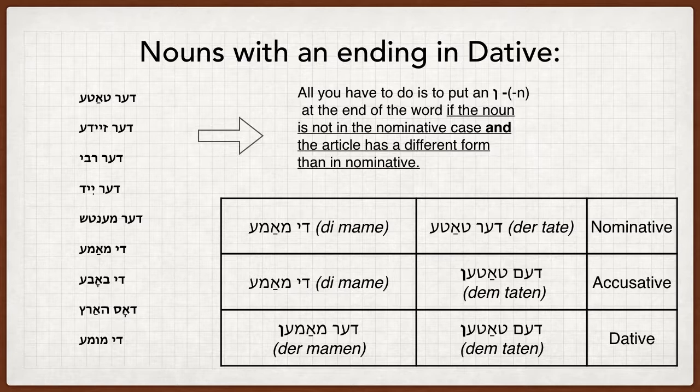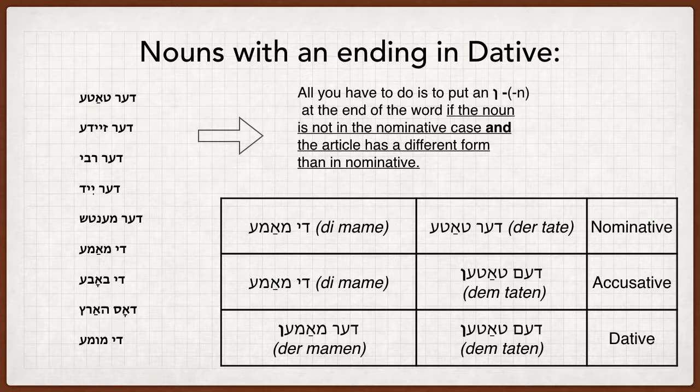It is the same as it was in nominative. Therefore, we do not put any ending to this word. But in dative, it is going to be der Mamen, because it is not in nominative and the article has a different form. Der is different from die, obviously.